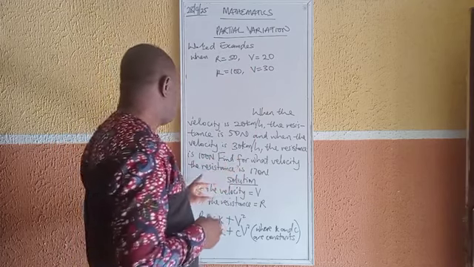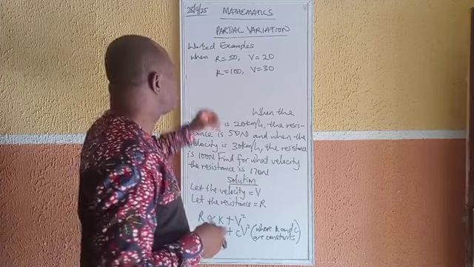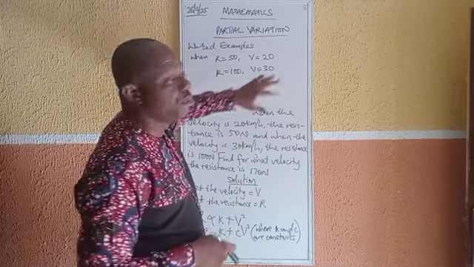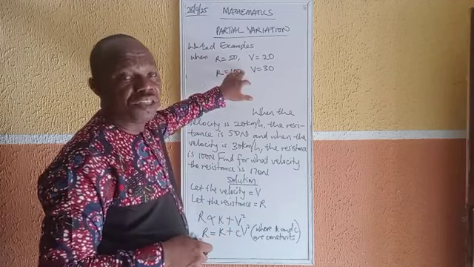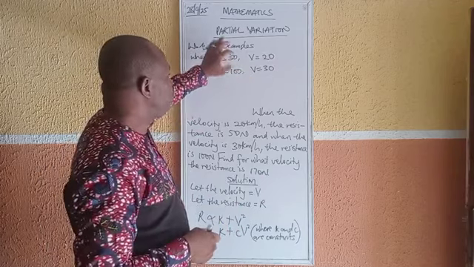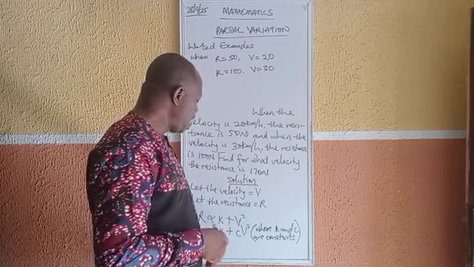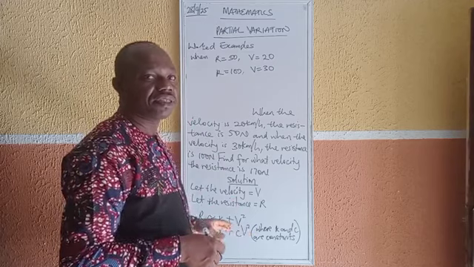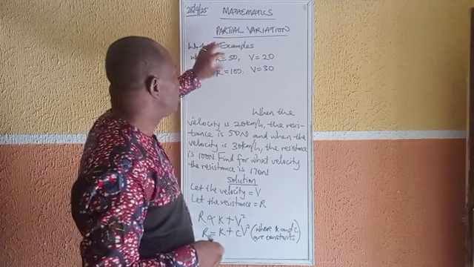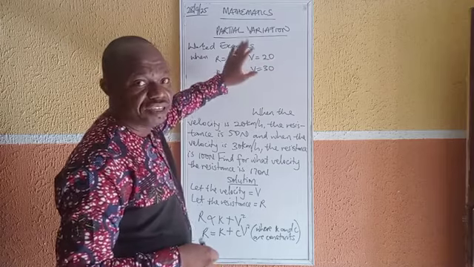Find for what velocity the resistance is 170. Now, with this complete information for the two quantities, the objective here is first for us to find the two constants, K and C. That was the objective of giving us the values for the two quantities here.